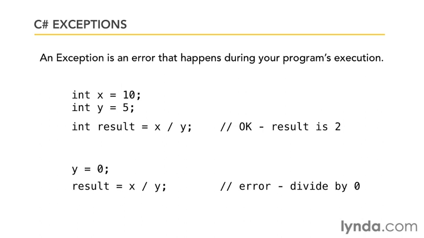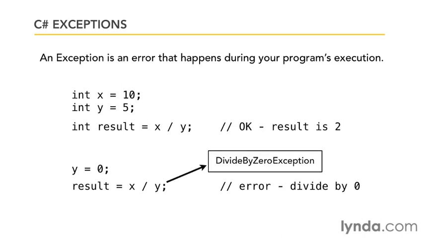What happens here is the .NET Framework raises what's called an exception. In this case, it's a divide by 0 exception. And we'll learn about these terms a little bit later, but the point is that an exception, just generically speaking, is a problem in the code or somewhere in the system that you have to anticipate and handle.